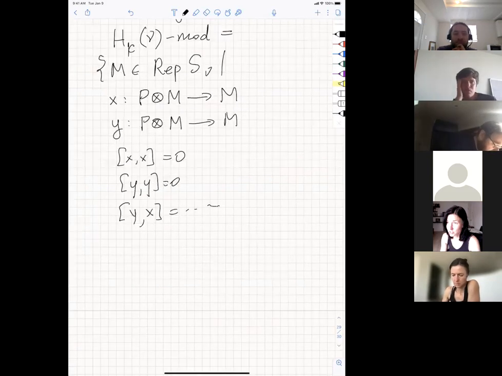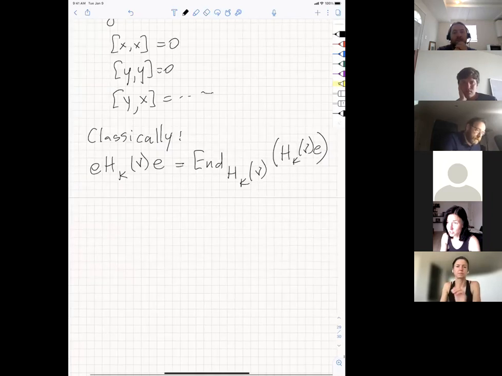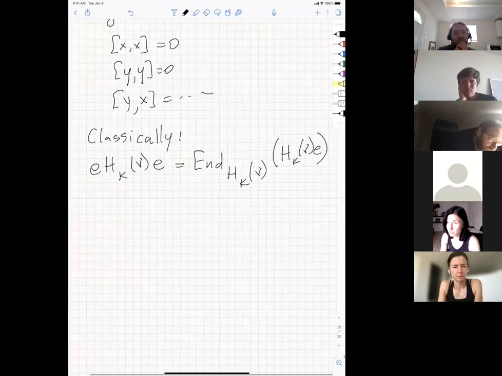And then, classically, if you want to define the spherical subalgebra, eH_k(nu)e, then this is just endomorphisms over H_k(nu) of H_k(nu)e. And so all we have to do is interpolate this. And this can be done very easily.